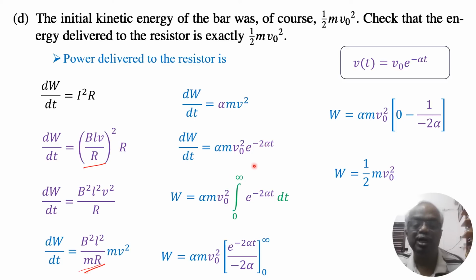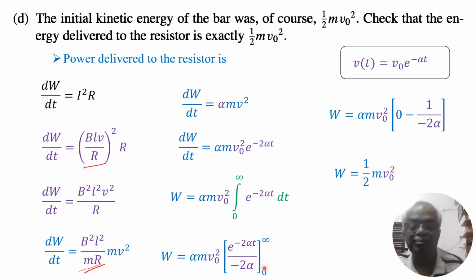Now you have to integrate with respect to time. Only the exponential term contains time, so all other terms I am taking out: alpha m v naught squared. I am integrating only the exponential term between 0 and infinity. The integral of e to the power minus 2 alpha t dt is e to the power minus 2 alpha t divided by minus 2 alpha.